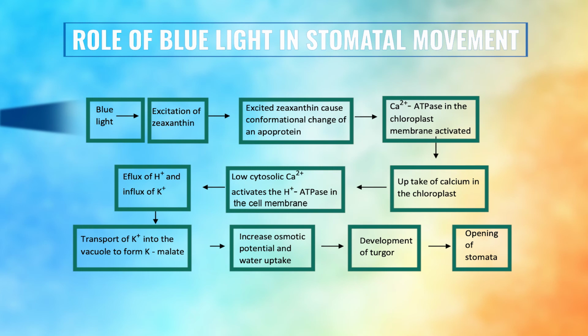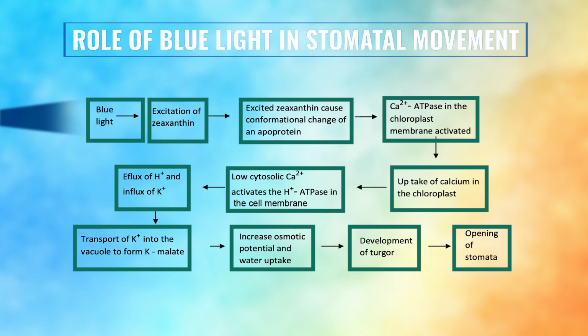Low cytosolic calcium ion activates hydrogen ATPase in the cell membrane. Efflux of hydrogen and influx of potassium takes place. Influx of potassium also promotes chlorine inside the cell.